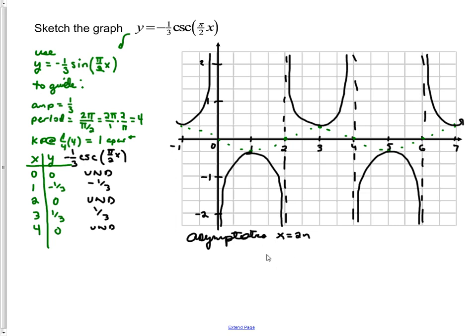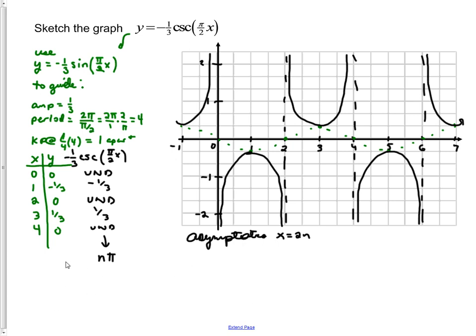Now, how are we getting that? Well, a good way of thinking about it, again, is to remember that whatever our cosecant function is, normally we would be getting asymptotes at wherever we get n times pi units, right?